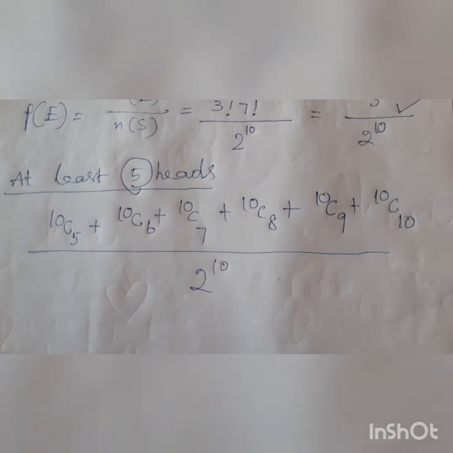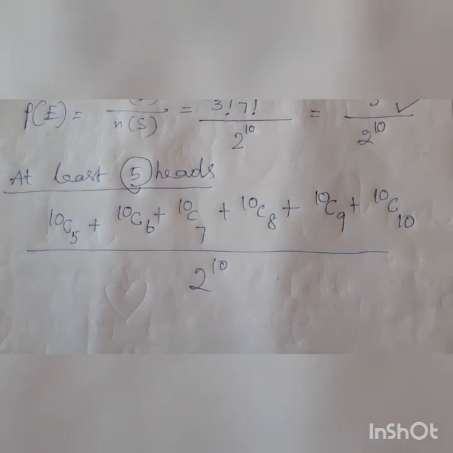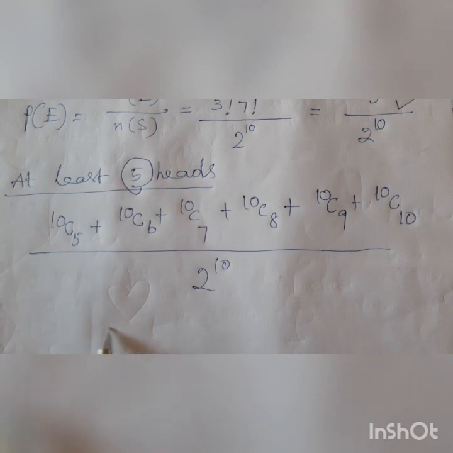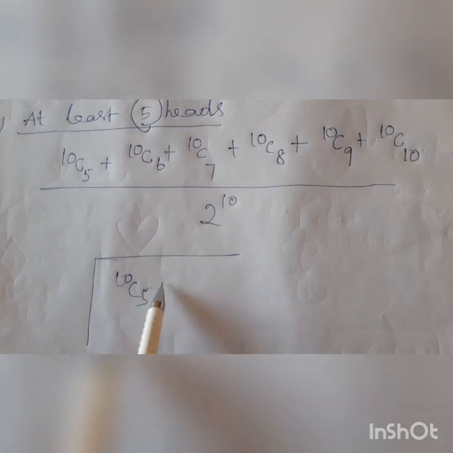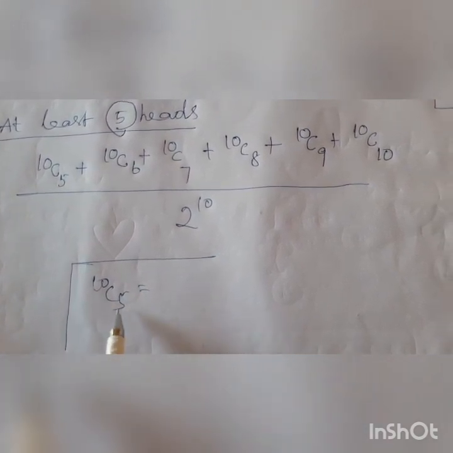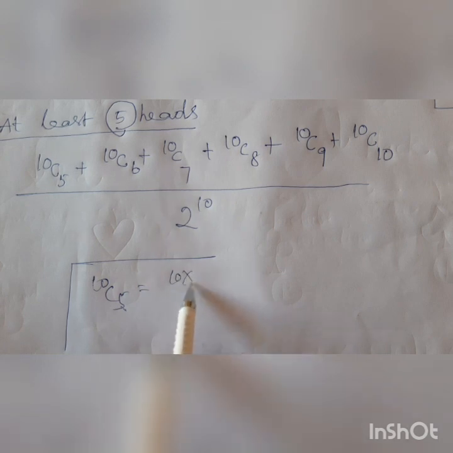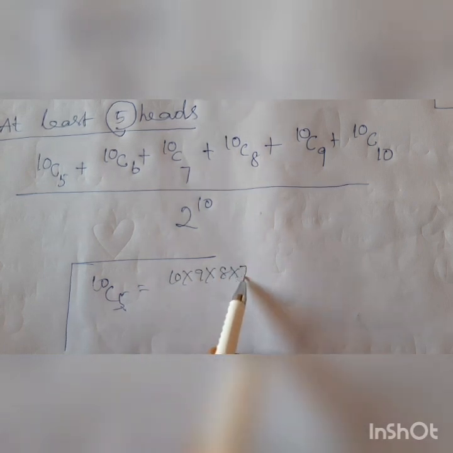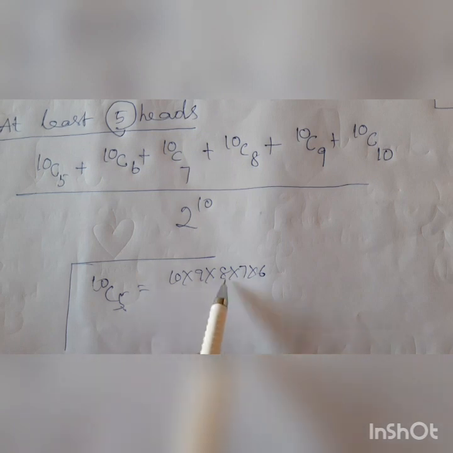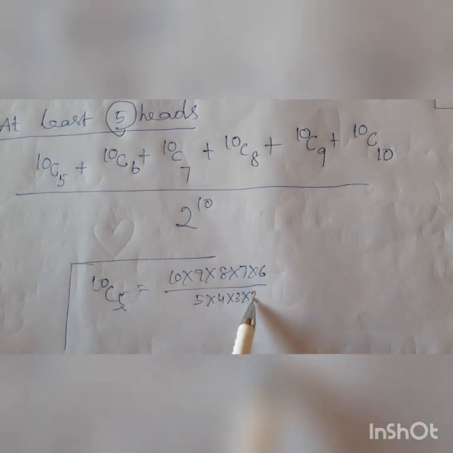What is 10C5? 10 factorial by 5 factorial. I told you how: 10 into 9 into 8 into 7 into 6, that is 5 terms, whole by 5 factorial, 5 into 4 into 3 into 2 into 1.